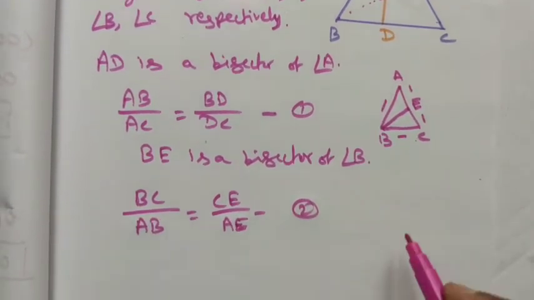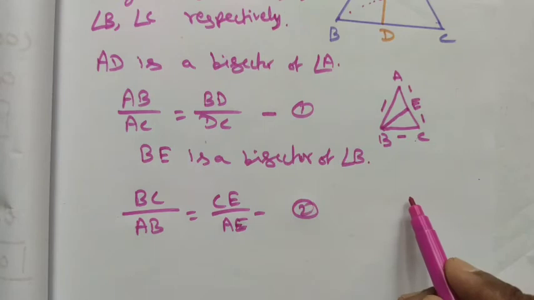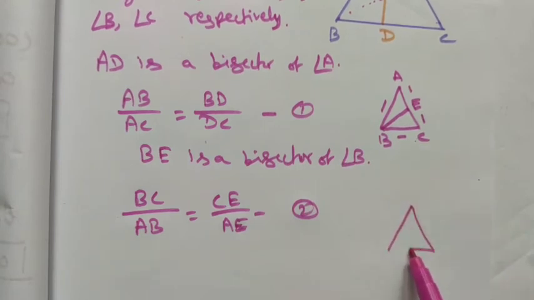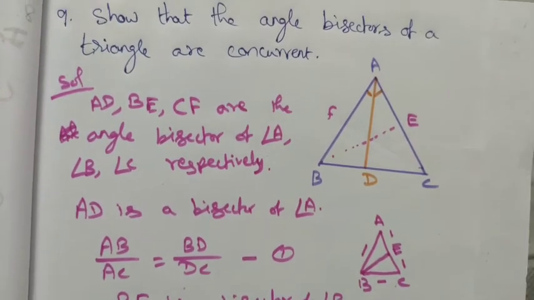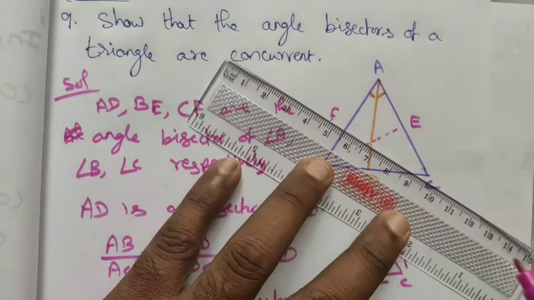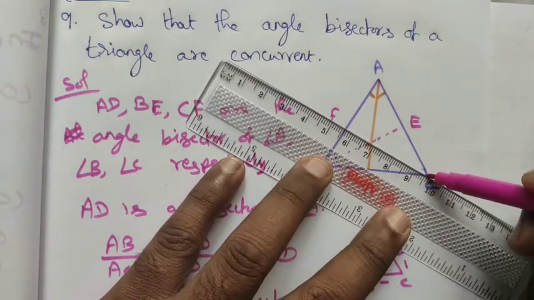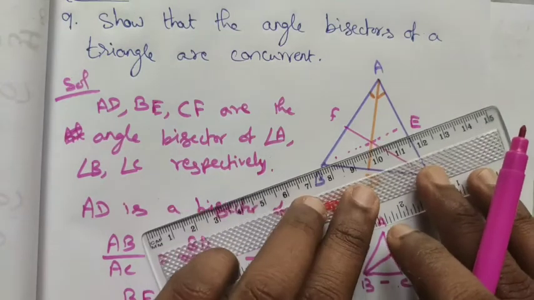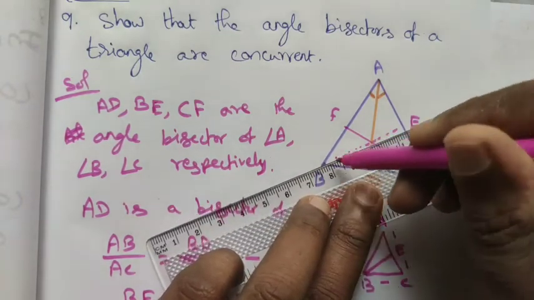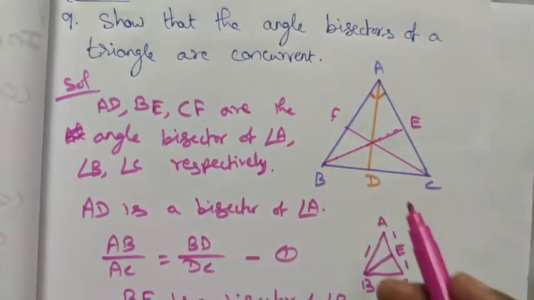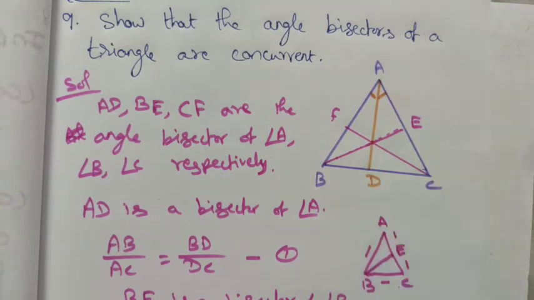And then the third diagram is this triangle. Let me draw it like this. From C, here we have the angle bisector. We want to show that this point is concurrent.